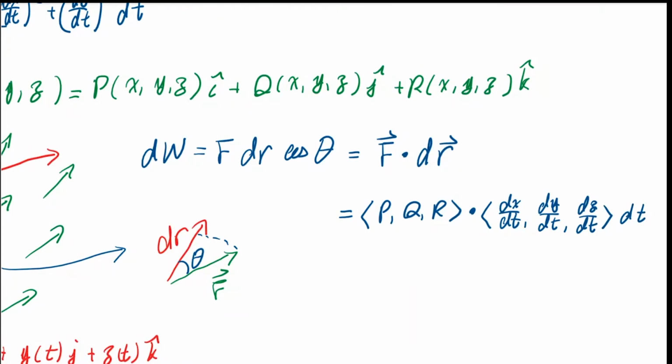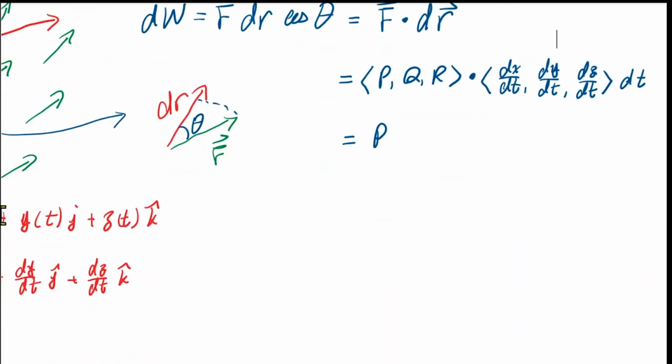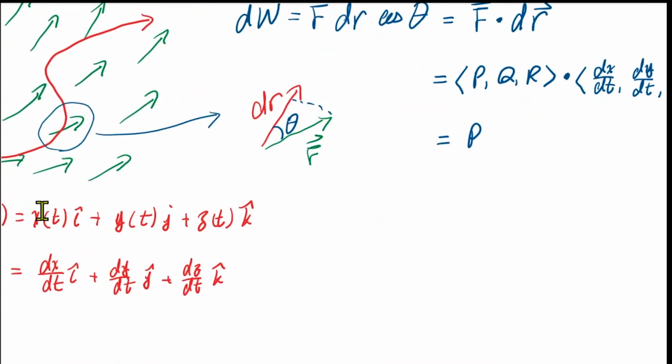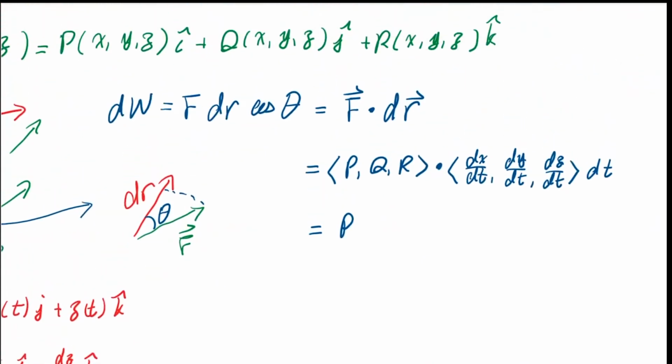That's what F dot dr looks like. Yeah, it's not really making that much more sense now, right? So what we have is the integrand is P. What you have to be careful is everything is in terms of t. So whenever there's an x, y, z, you have to take this thingy from the vector function, parametric, and you have to substitute it so that everything becomes a function of t.